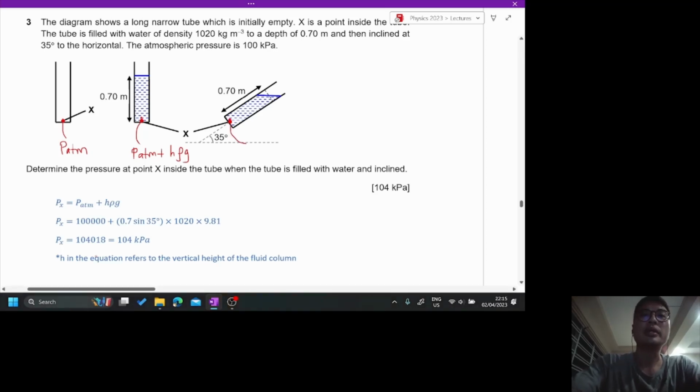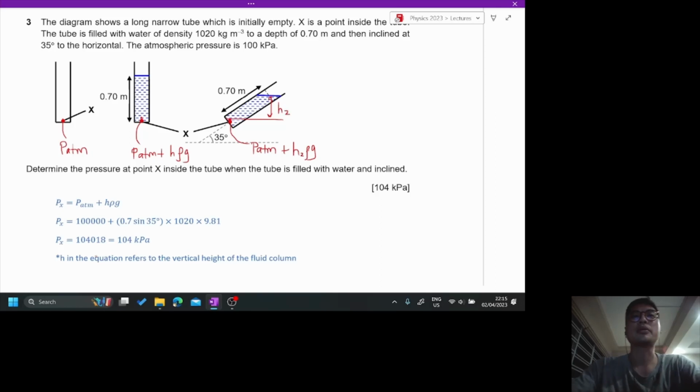When the tube is inclined, the pressure at point X will again be atmospheric plus H rho g, but this time the height is different, because it is only the vertical height of the water that counts. The slant height, the diagonal height, doesn't matter.